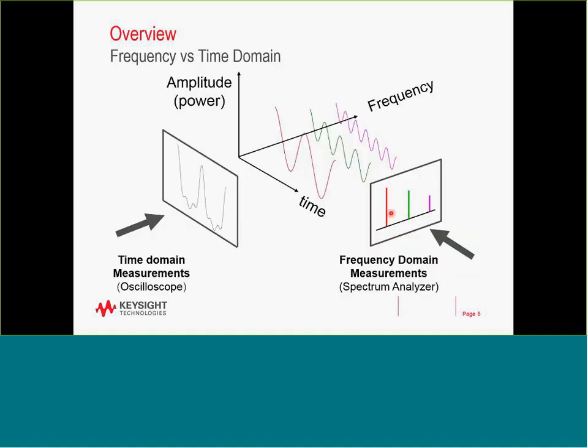If we look at what the analyzer allows you to do, take the signal that you can see on the left side, which would be the signal pulse that you would see on the oscilloscope. If you put your signal in the oscilloscope, you can see the amplitude of the signal varies versus time. But the spectrum analyzer, on the other side, looks at frequency content.